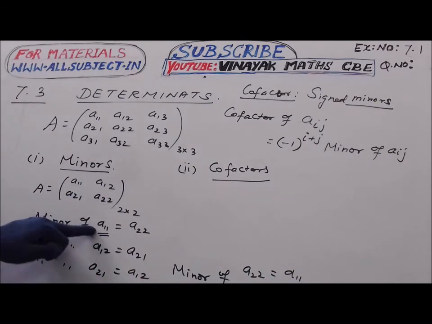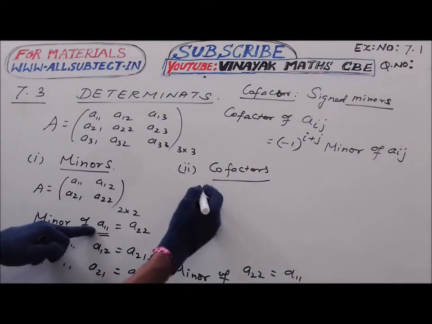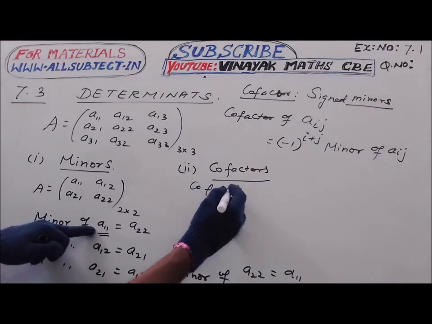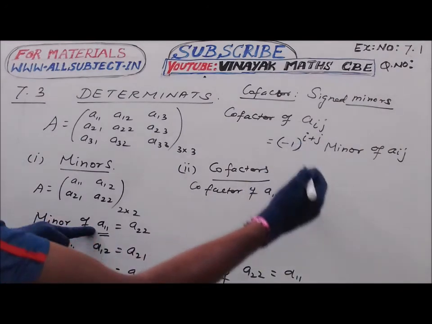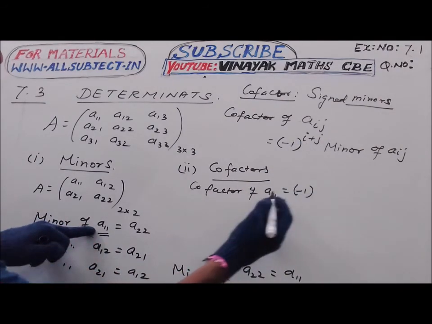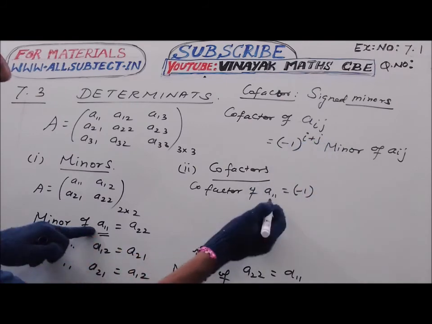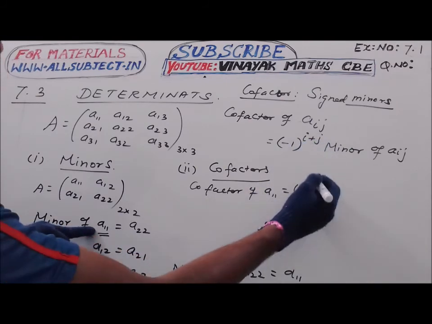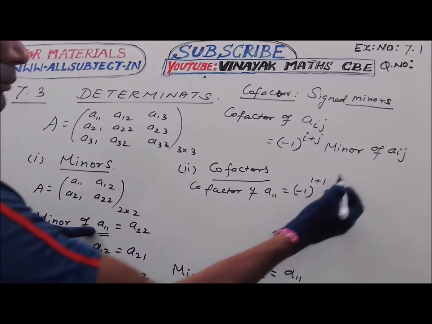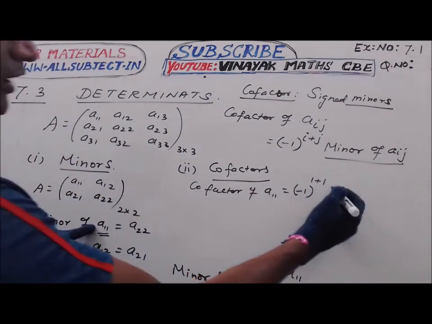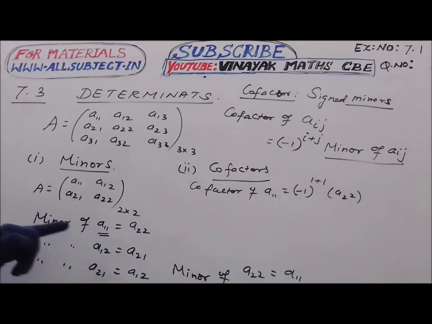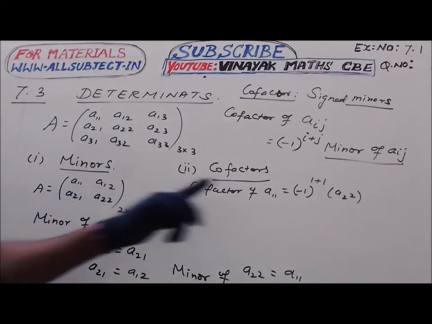Now the cofactor of A11, by use of the formula minus 1 power i plus j: i is 1, j is 1, so 1 plus 1, into the minor of A11, whose minor value is A22. It will be a number when we take numerals, but here I have taken the general form, so I have written A22.